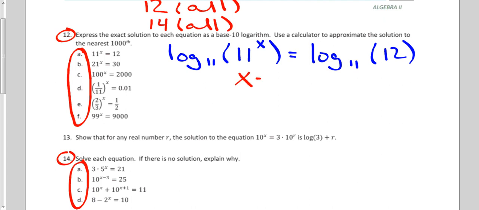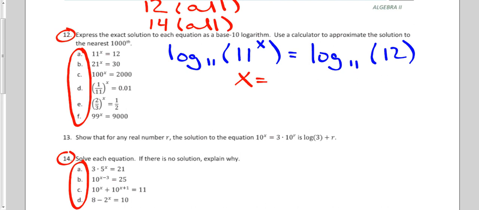The left side just gets me x. And then I got to figure out what log base 11 of 12 is. Do I have a button on my calculator that does log base 11? The log button is base 10, or there's base e, the natural log. So how do I do that?